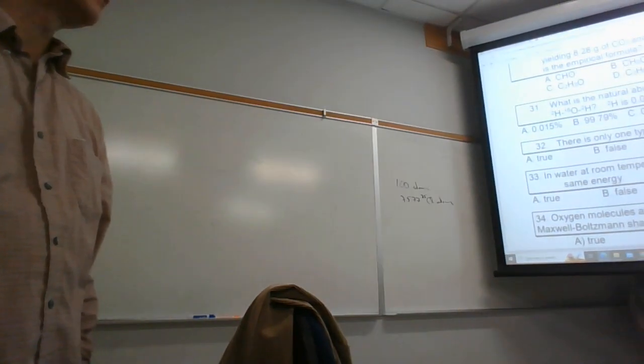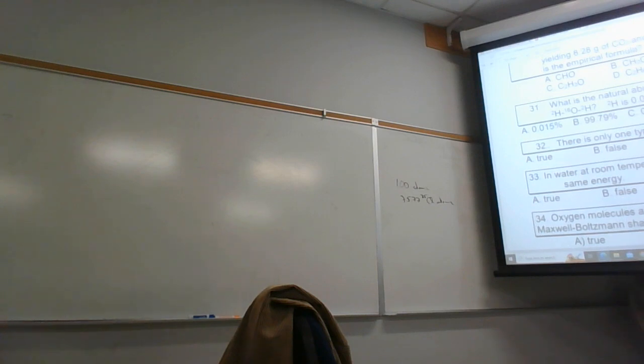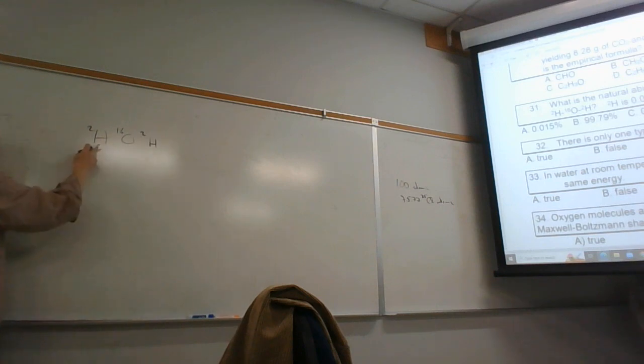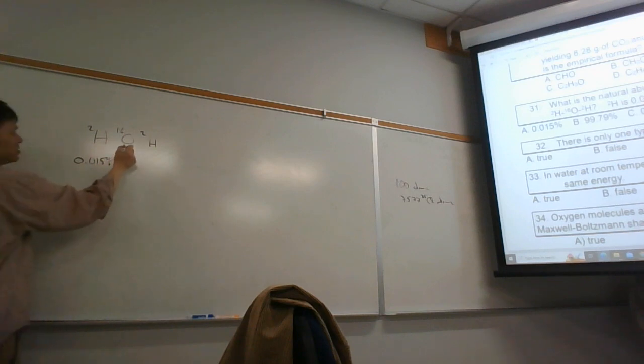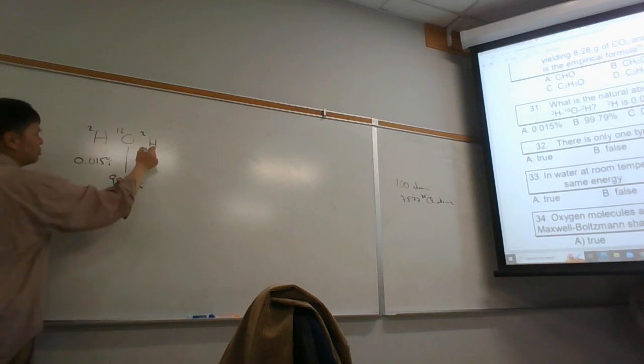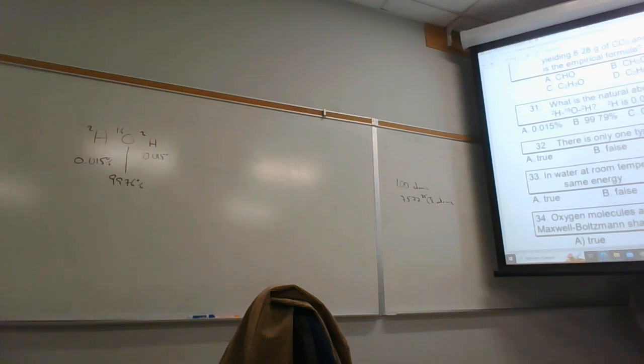It's by mole, it's by amount. In this case, you don't need to know that. What we do is this. We want to figure out the abundance of H2O16H2. We know that H2 is 0.015%, O16 is 99.76%, and H2 again is 0.015%. So how can I deal with these 3 percentages?